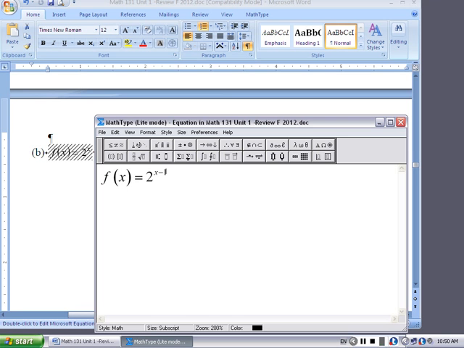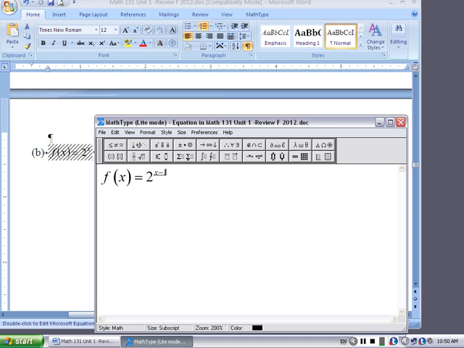So you can write log with the base 2, x minus 3 gives you y minus 1, right? Because the output for log is the exponent. You just write the exponential form in log form. Am I correct? Okay? All right.